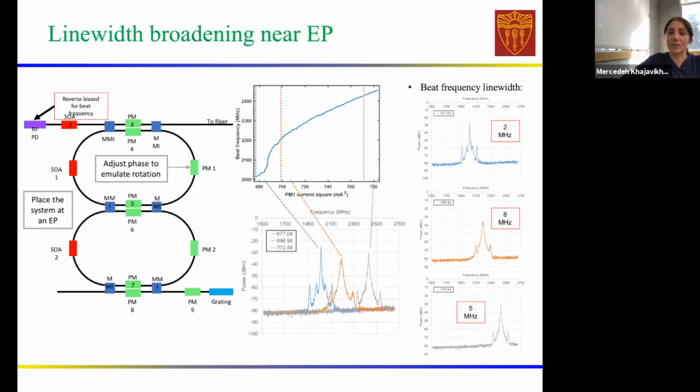We are also observing that when we get closer to the exceptional point, the resonant frequency shows an increased amount of noise in the system, but it is by no means such that it fully compensates the enhancement that we see in the sensitivity.